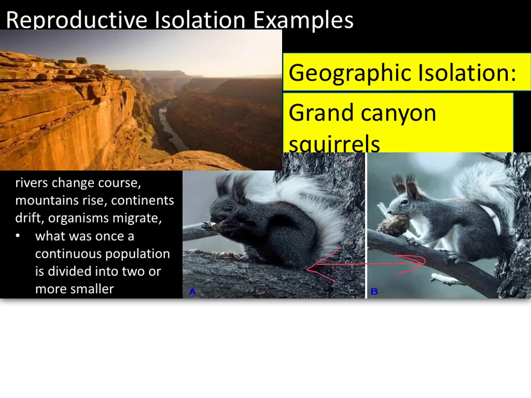To really simplify it, it's essentially two different populations of squirrels on different sides of the Grand Canyon. There's no way to physically get from one side to the other. There's no Evel Knievel squirrels that we know of, and those are geographically isolated squirrel populations.